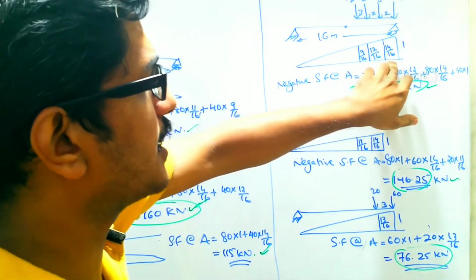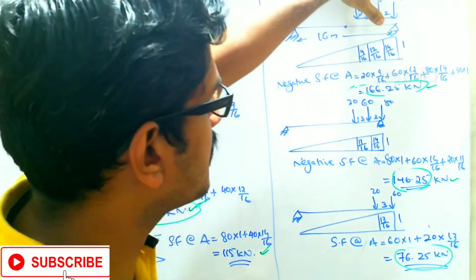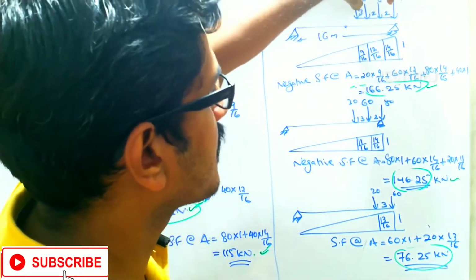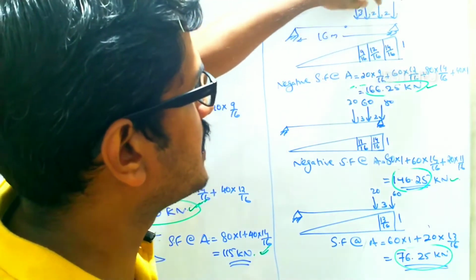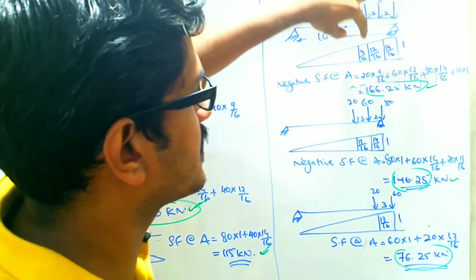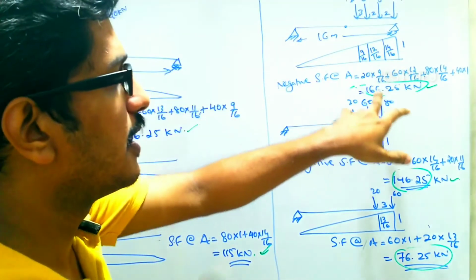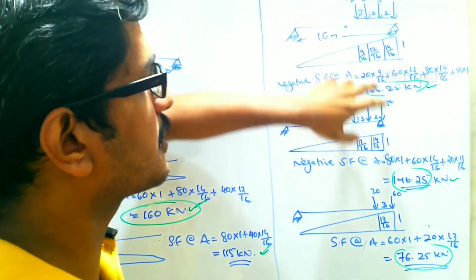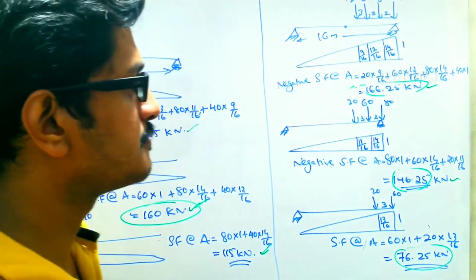Then you calculate the ordinate values using the similar triangle law. The total distance is 16, and if you subtract 2, you get 14 by 16. Then subtracting 4 from 16 gives 12 by 16. Then subtracting 7 gives 9 by 16. If you multiply directly, you get the value 166.25 kilonewton.